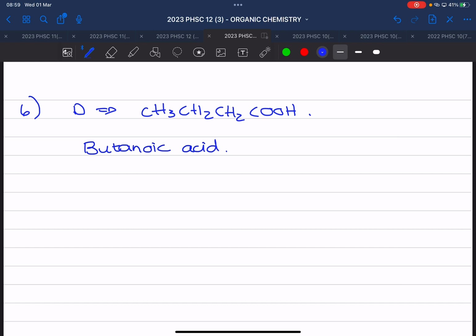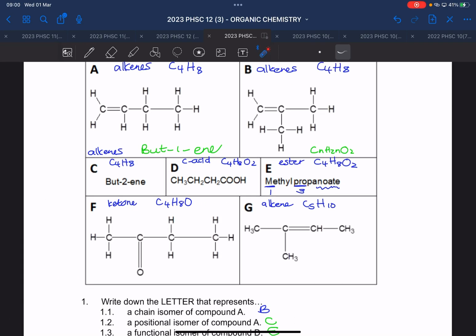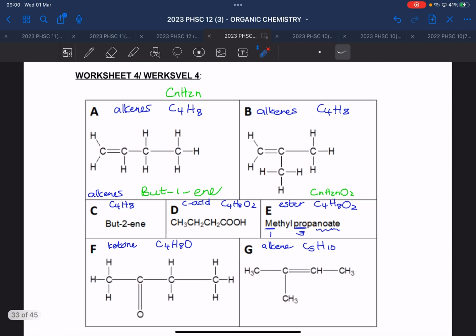Butanoic acid. So did you see my thought process? They say, write the name of the compound that has a carboxyl group. So I asked, all right, which one has a carboxyl group? The carboxylic acids have a carboxyl group. And then I had to find that one's name. Can you see why it's so important to write this down for each and every one of them?